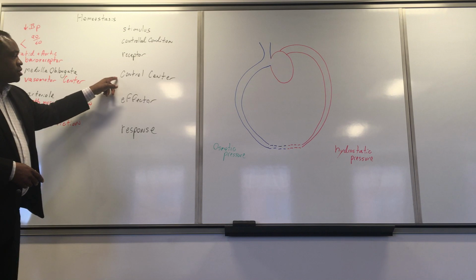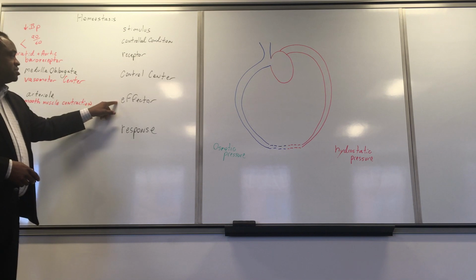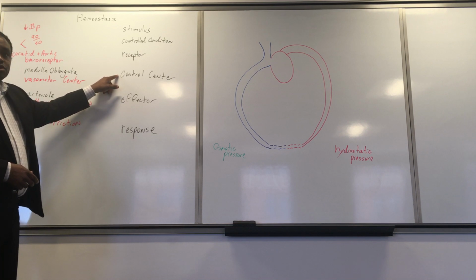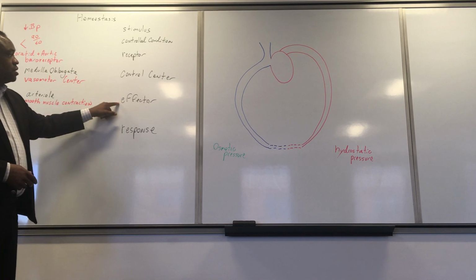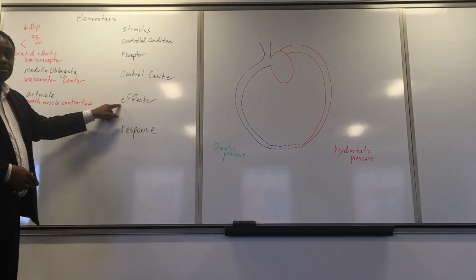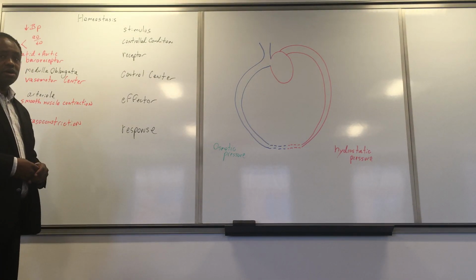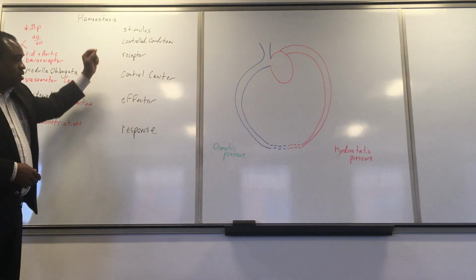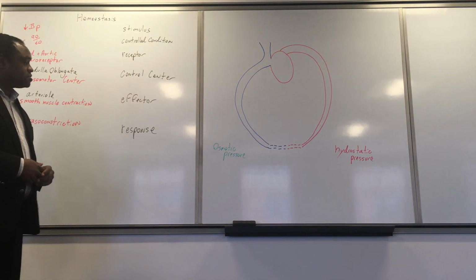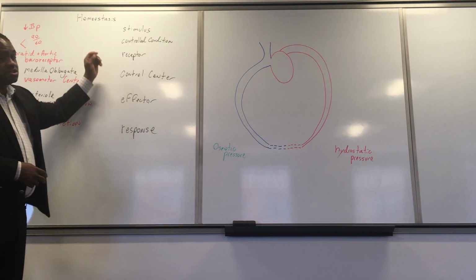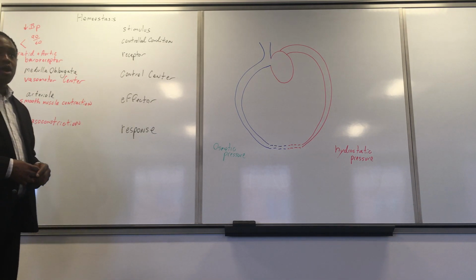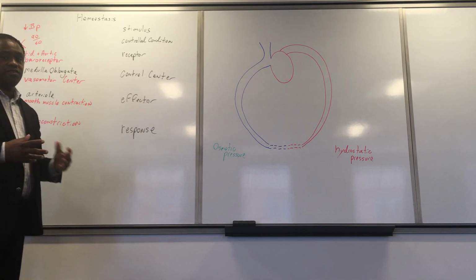From the control center, that information is taken to an effector that's going to cause a change, and now you're going to have a response as a result of that stimulus. Typically, the response is going to oppose the stimulus. Okay, and that's the homeostatic process that we call negative feedback.